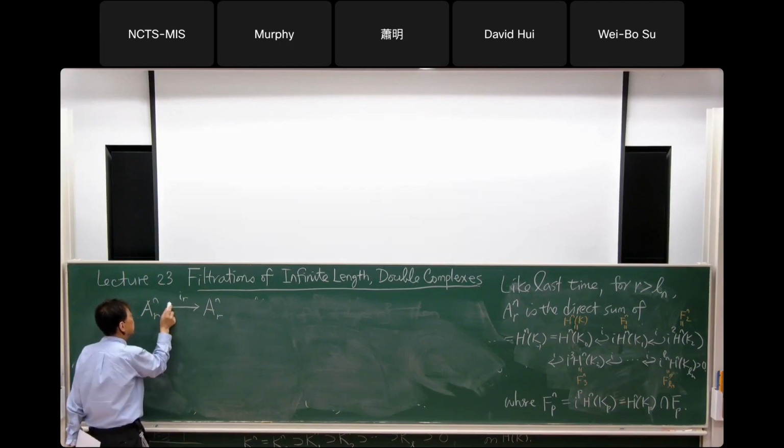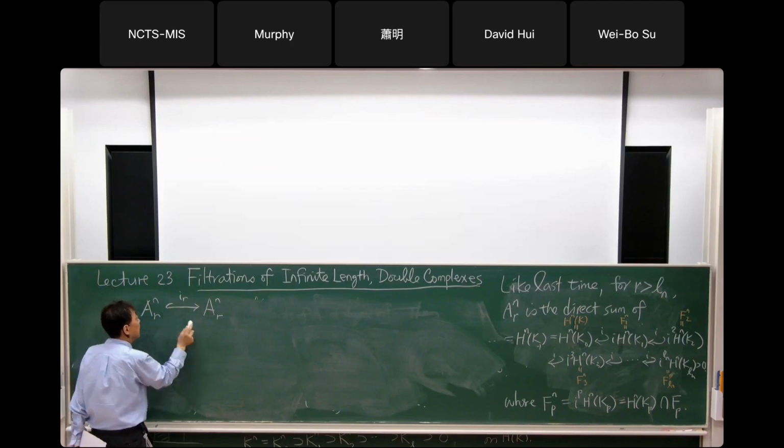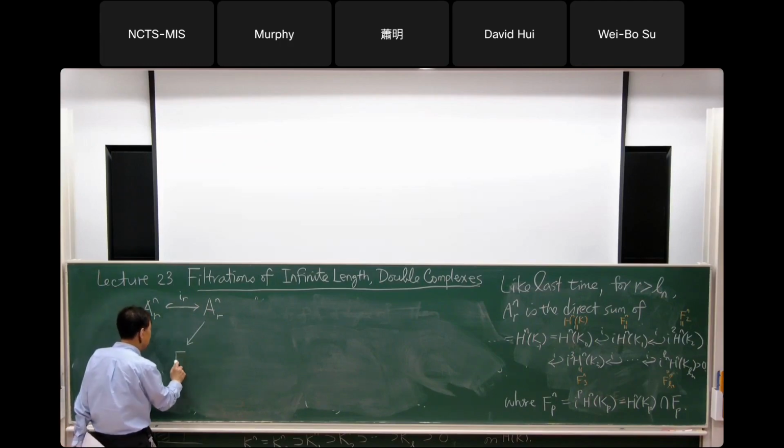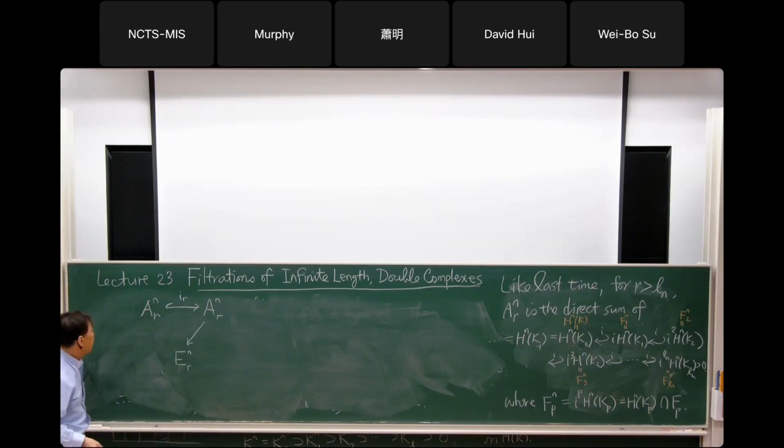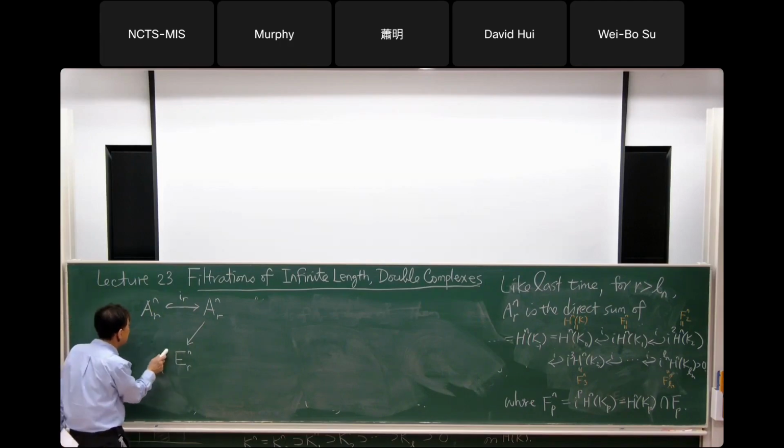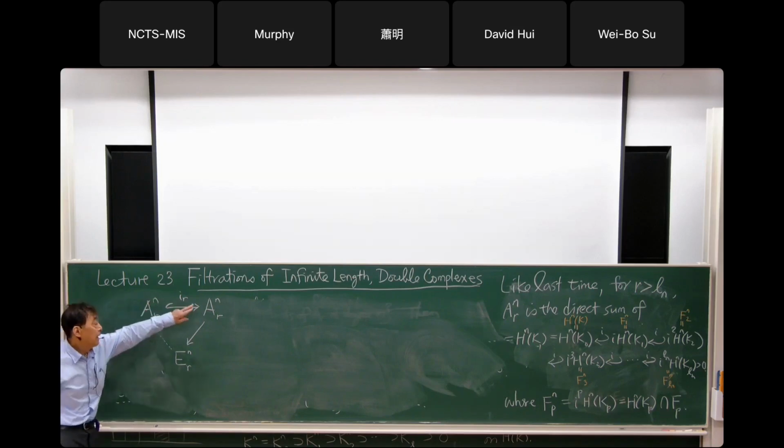Okay, but this has become an inclusion, and then you map to E_n^R. Okay, but you see, you don't have a map this way. If you don't look at degree n, okay, then you have an exact couple. You have an exact triangle. But in degree n, there's no map this way.